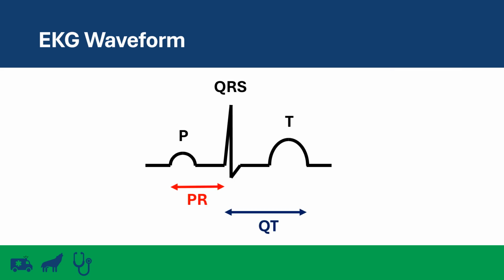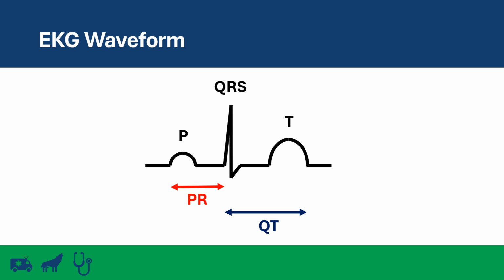Here is an additional labeled graphic of an EKG waveform. You have your P wave, your QRS complex, your T wave, your PR interval, and your QT interval. Remember, your PR interval should be 0.12 to 0.20 seconds. Your QRS complex should be 0.04 to 0.12 seconds.